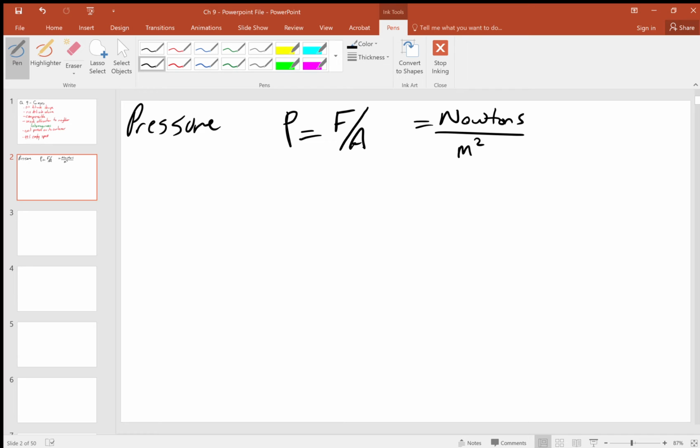And a newton, if you haven't taken physics yet, is a kilogram meter over second squared. And so this unit, newton per meter squared, we define as 1 pascal.